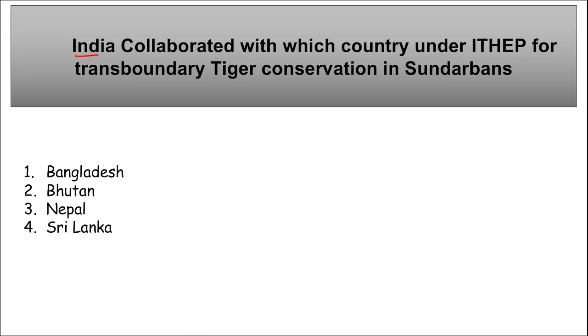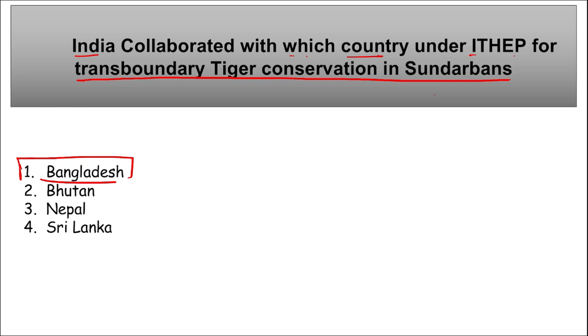Next is, India collaborated with which country under the ITHCP for trans-boundary tiger conservation in Sundarbans? So it is India and Bangladesh. They have collaborated under ITHCP for trans-boundary tiger conservation in Sundarban. Correct. This initiative aims to mutually understand the tiger conservation process of India and Bangladesh in Sundarban.